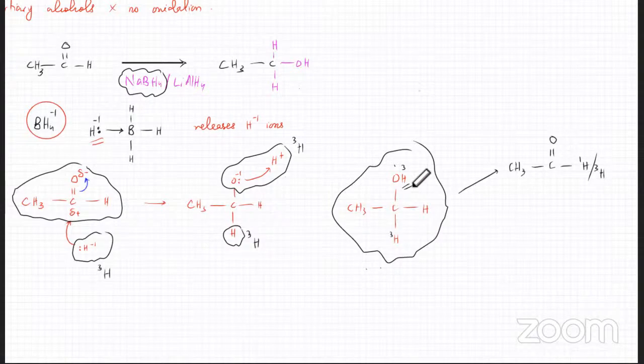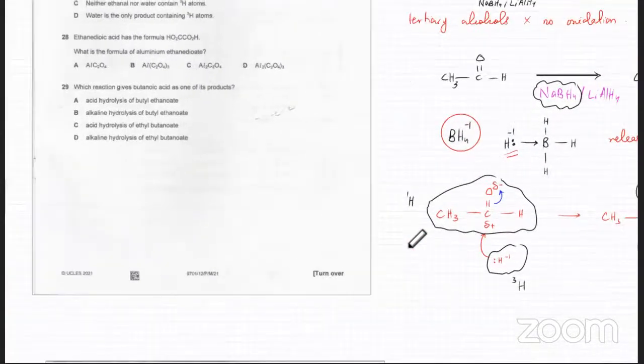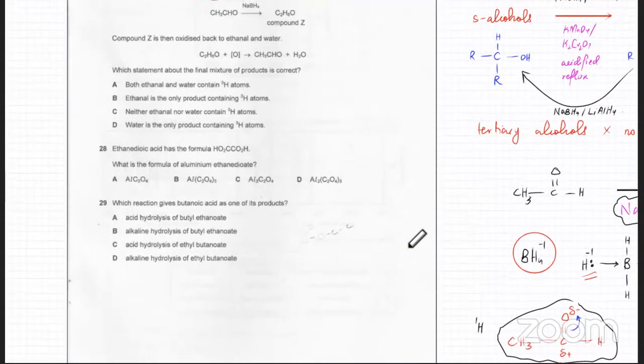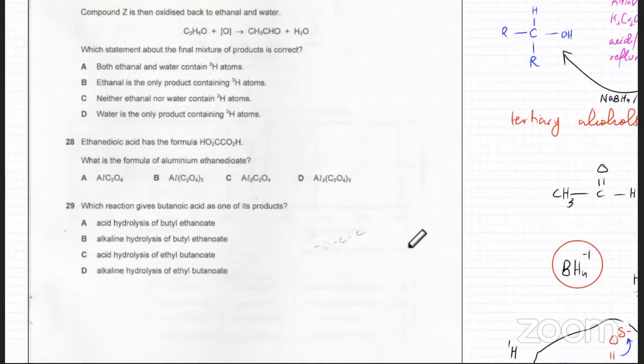If this H and this H are lost, then ethanol will contain one of the isotopes, which would be H3. So that is not 100% true. So what's the next one? Then he's saying ethanol is the only product containing H3 atoms. That's also not true because one of the H3 can be lost and could form water. So that's not true.